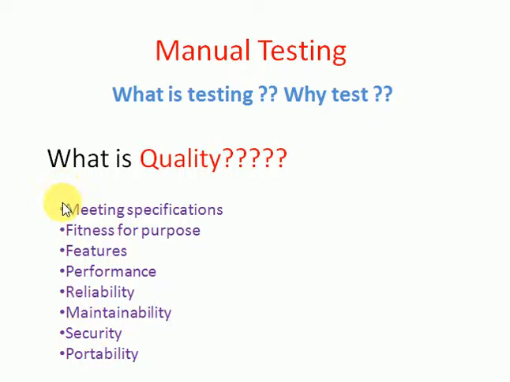Every system has some specifications in terms of what inputs it accepts, what processes it does, what outputs it produces, what the different workflows in it are, how we use the system, etc. So all these are the specifications.